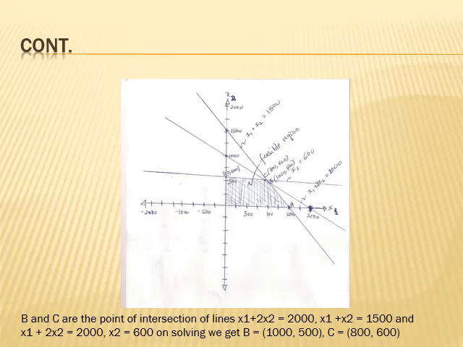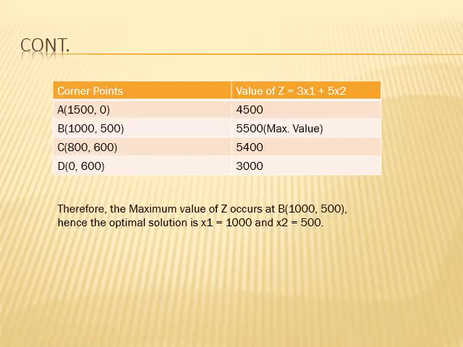Let's check the following table to show how we calculated. So now check the three corner points. A, x1 equal 1500, x2 equal 0.